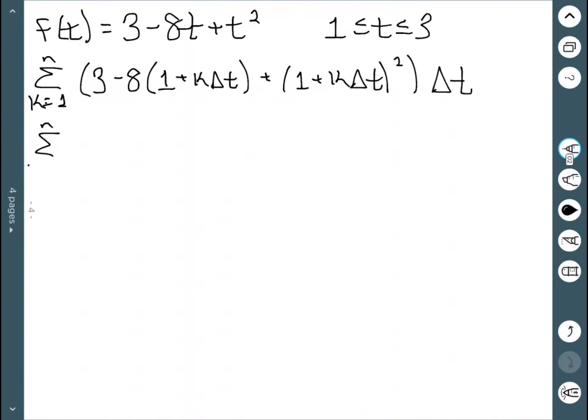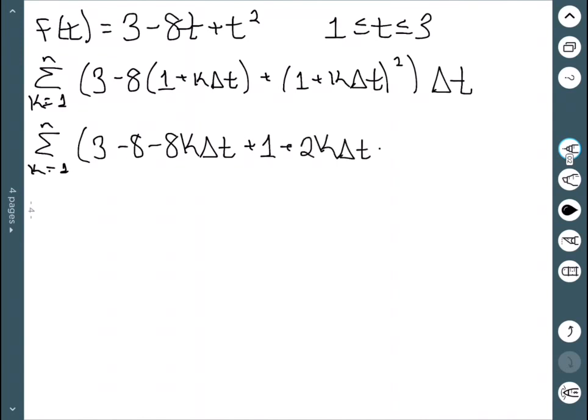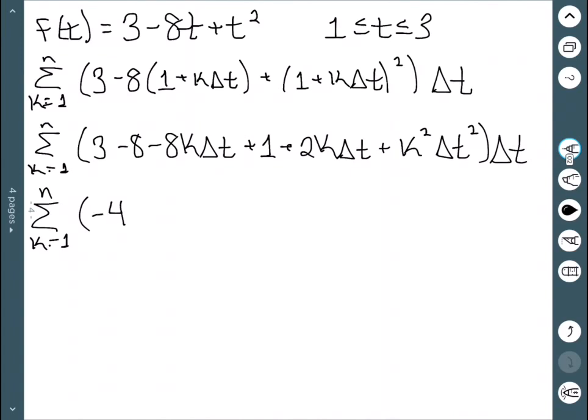We're then going to multiply things out and simplify. This would be 3 minus 8 minus 8k delta t plus 1 plus 2k delta t plus k squared delta t squared, all times delta t. We can then simplify. 3 minus 8 plus 1 is negative 4. Negative 8k delta t plus 2k delta t would be negative 6k delta t. And then we have the k squared delta t squared.